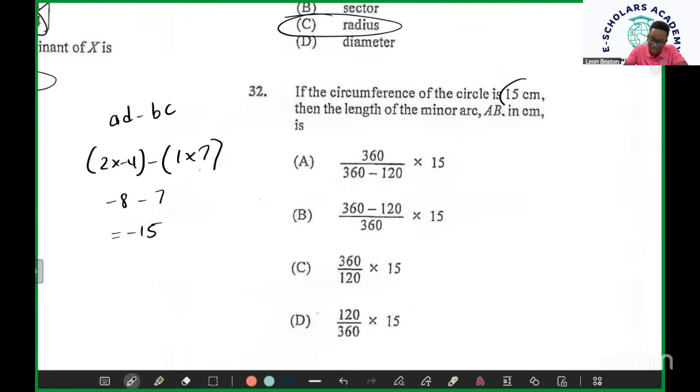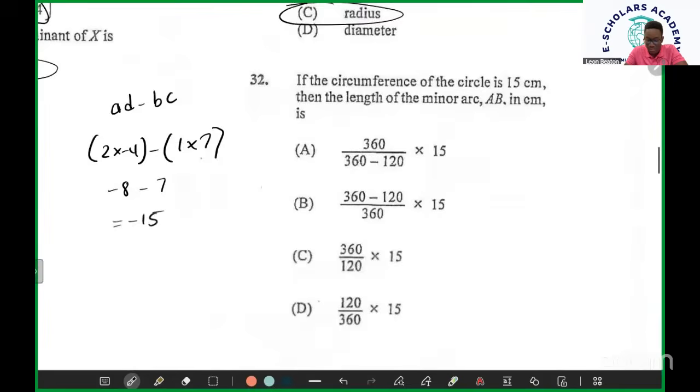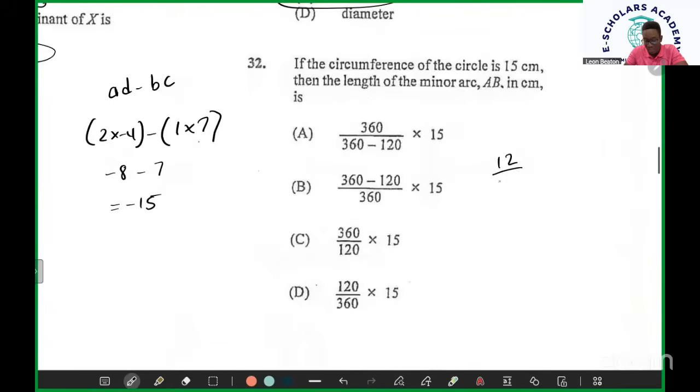If the circumference is 15, the length of the minor arc is basically 120 over 360 multiplied by the circumference, which should be 15. 120 over 360, which is D, right?